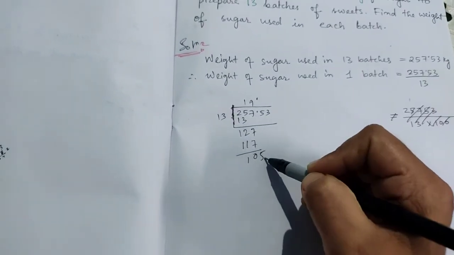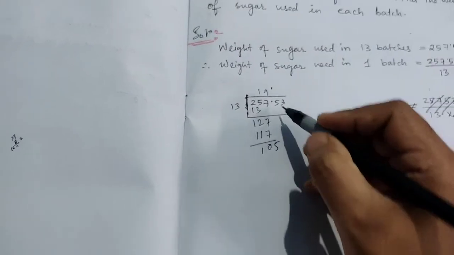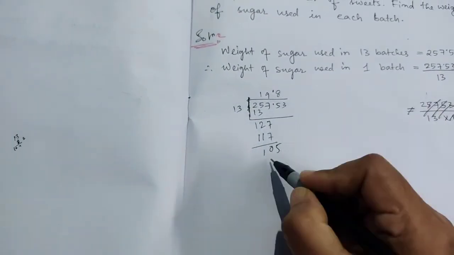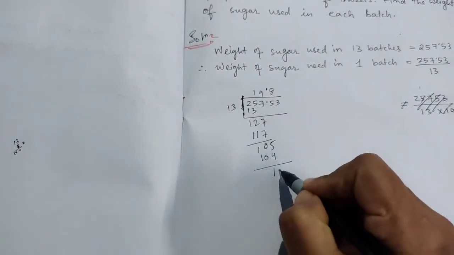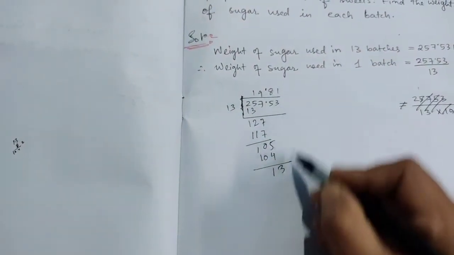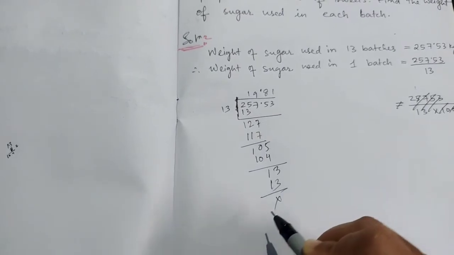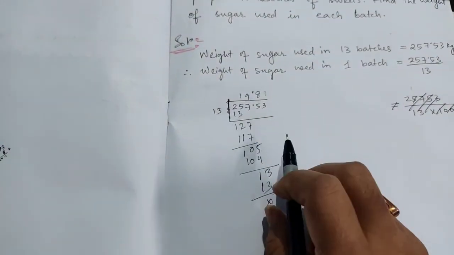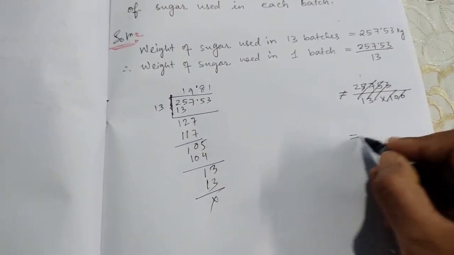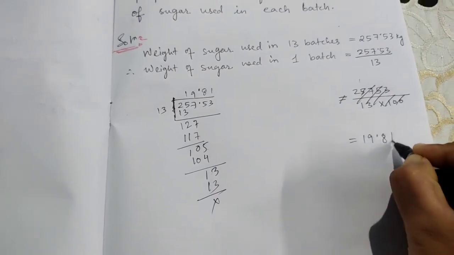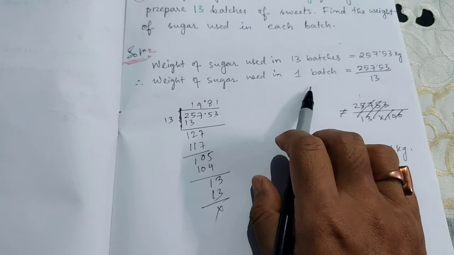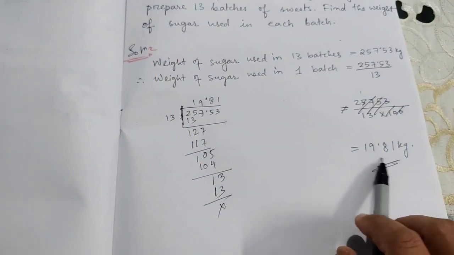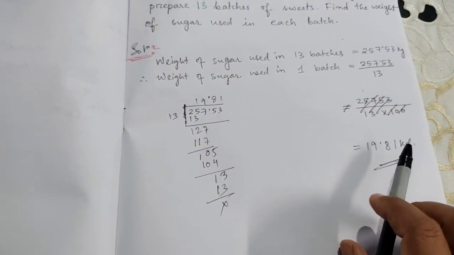So 5, so 105, 13 8s are 104, 1, then 3 will come, 13. 13 1s are 13. So what you have got? 19.81. So here you can write 19.81 kg. So in one batch, 19.81 kg of sugar is needed.